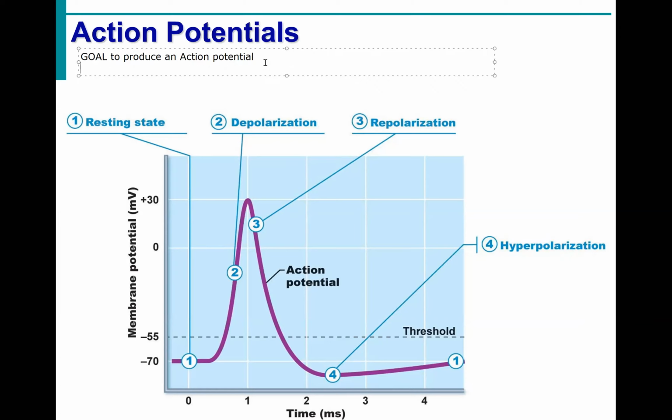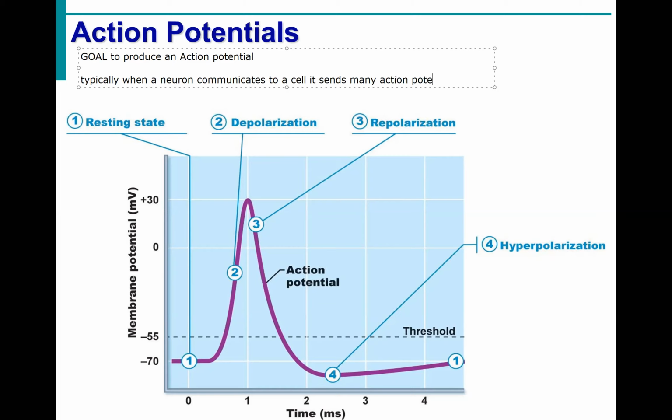But as we learned with our muscle system, typically when a neuron communicates to a cell, it sends many action potentials. So that means our job is not to just produce one action potential, but to produce many. Or at least more than one.